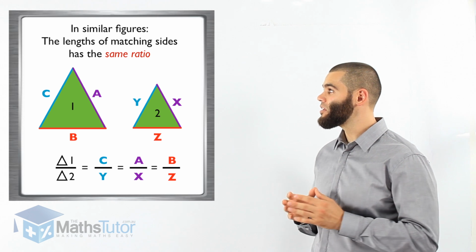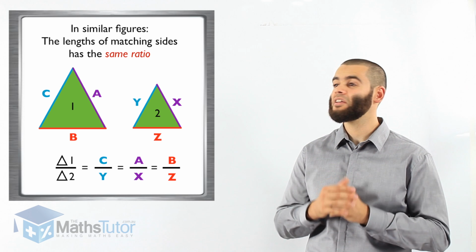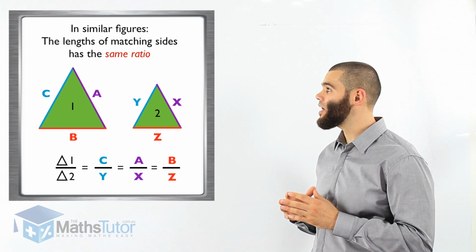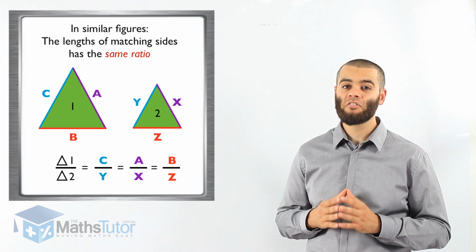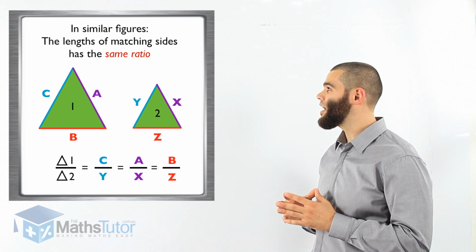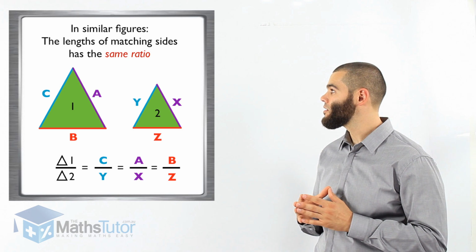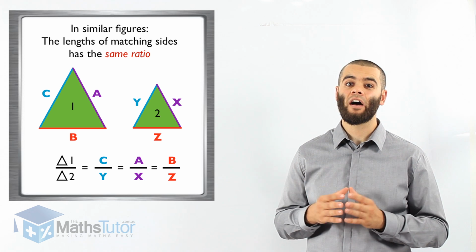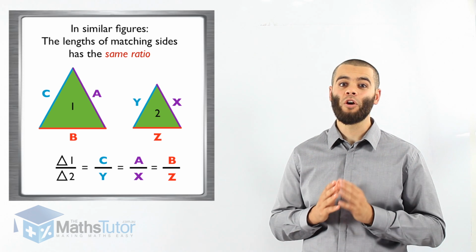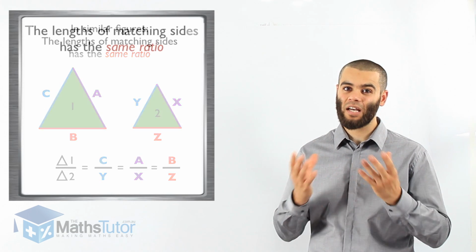If we have C divided by Y, so side C divided by side Y, it will have the same result as side A over side X and B over side Z. This will only work with similar figures. Let's look at an example to understand it better.